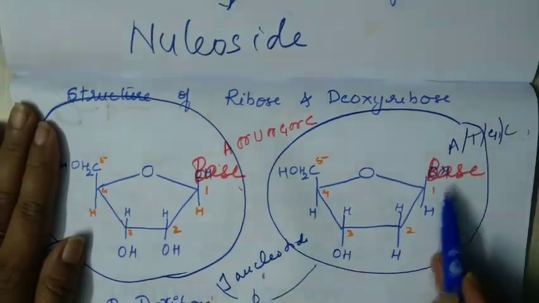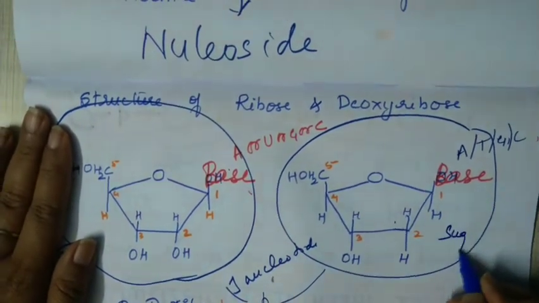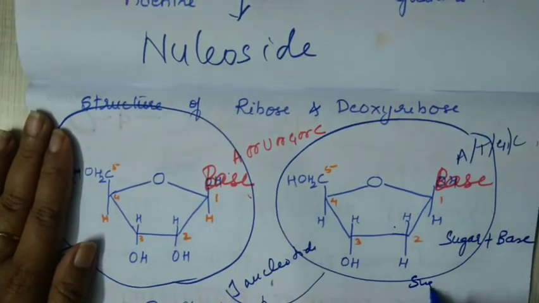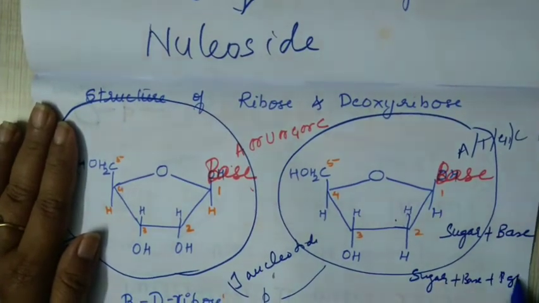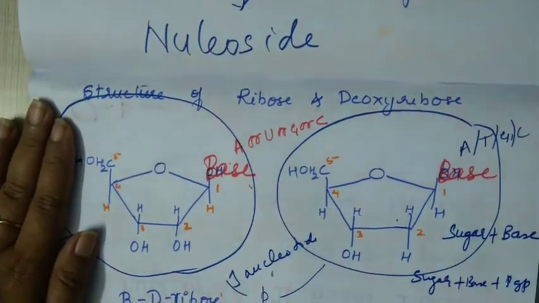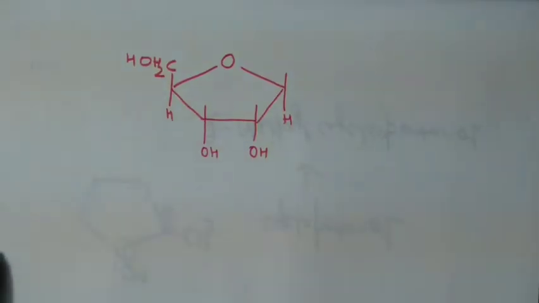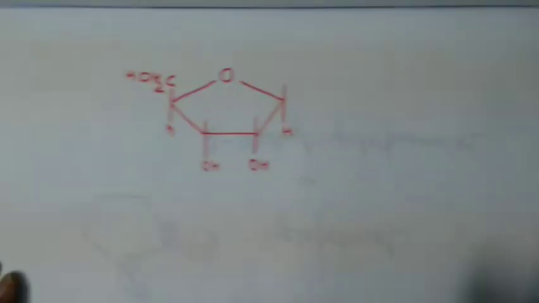So sugar plus base is nucleoside. Sugar plus base plus phosphate group is nucleotide. Done? Fine. Now let us see how a phosphodiester bond is formed.